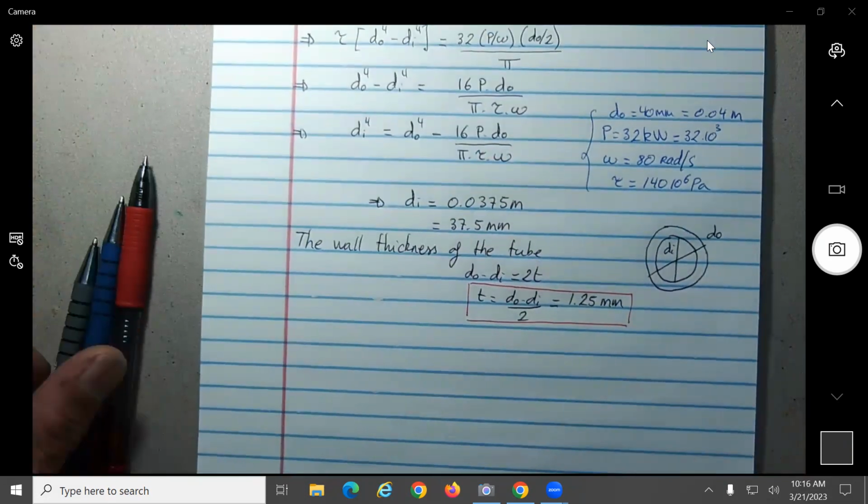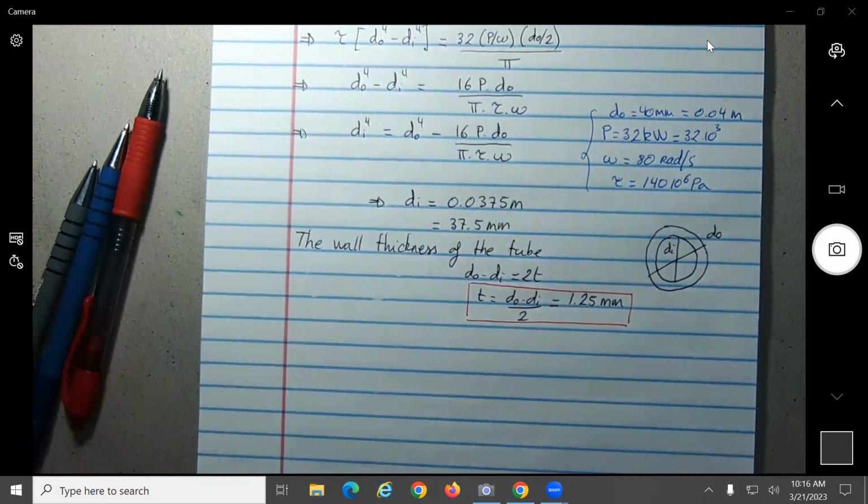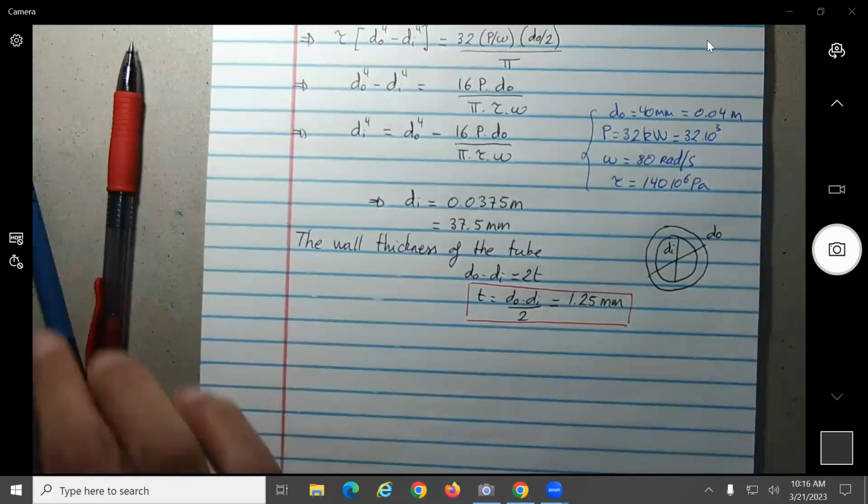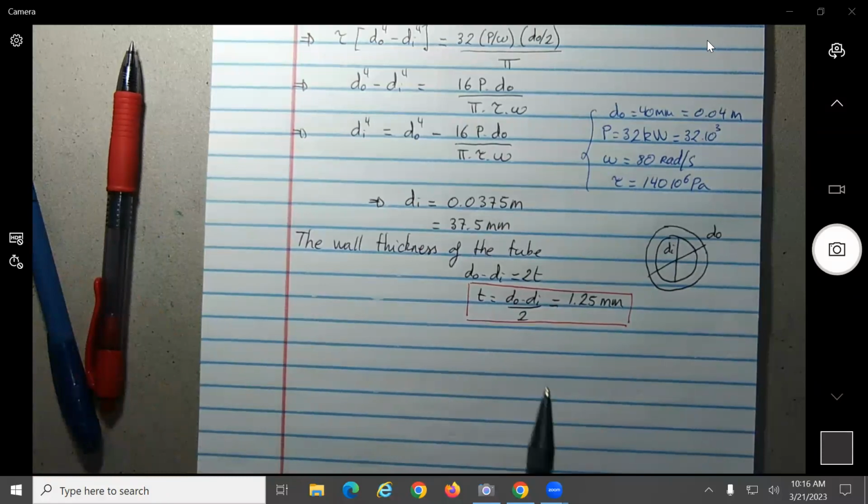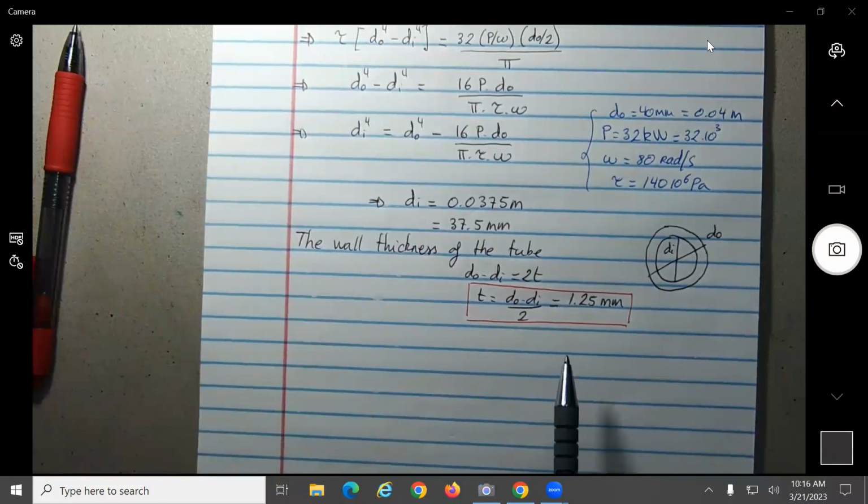Okay, so any questions so far? All right, so like I said before, this is generally a problem that is commonly done, and in real life they stop the design over here. They say, okay, everything is fine, but this is only based on the shear.